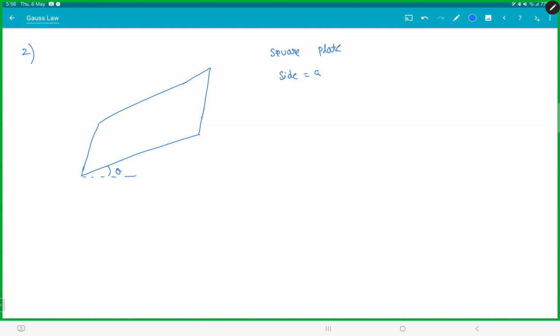If you look at my screen, this is how it looks. So if you look at my phone, this is like an incline like this. So you're getting how it is, and this is making an angle theta. So side view will simply look like a straight line. It's like a block sliding on an incline. So this is a square plate of side A.